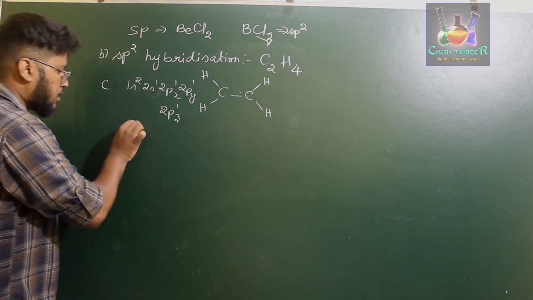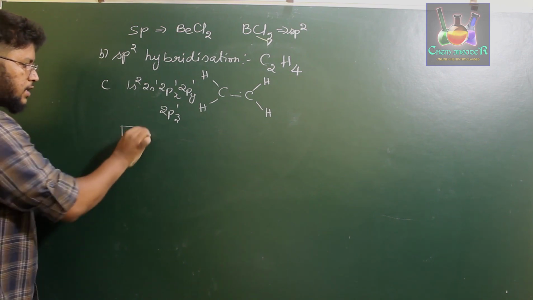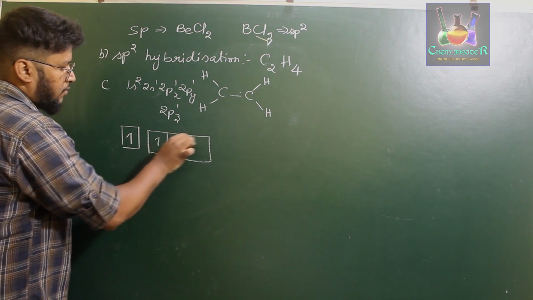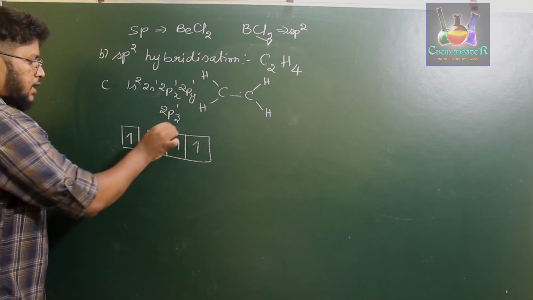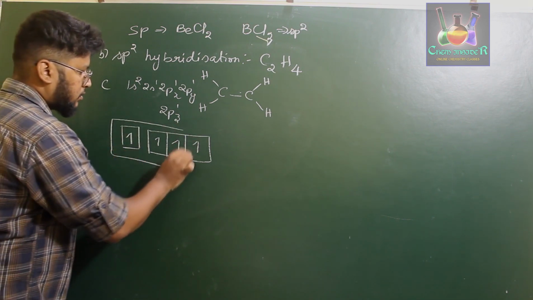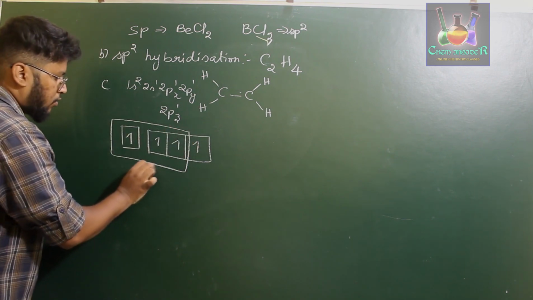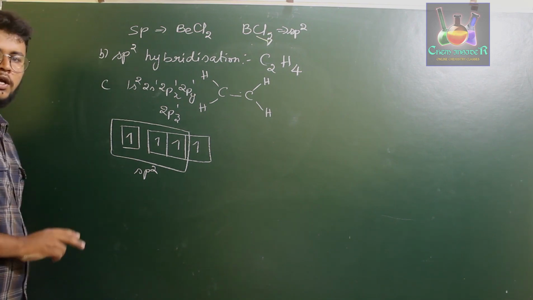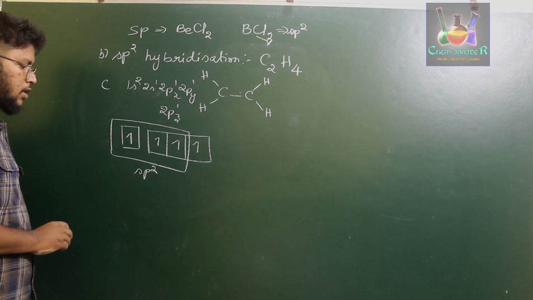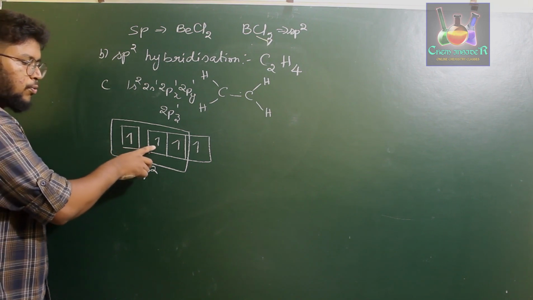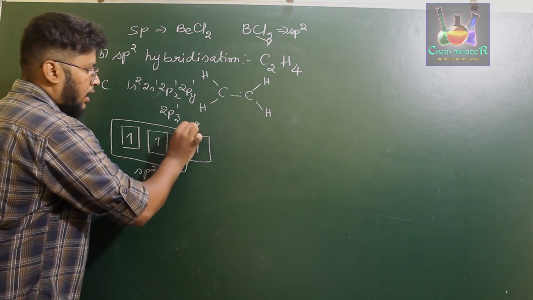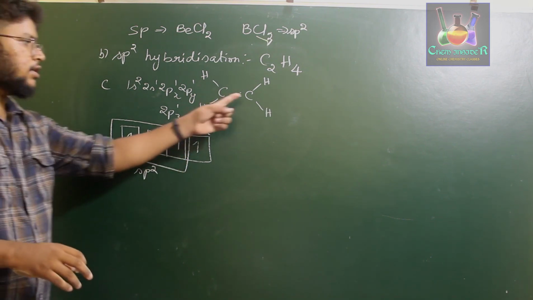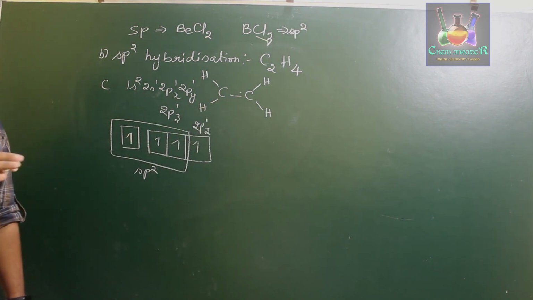What happens in this case is, if you consider 1 electron of 2s, px, py, let us consider these 3 are undergoing hybridization to form sp2 hybrid orbitals. So 3 sp2 hybrid orbitals will be formed because of the sp2 hybridization of 2s, 2px1, 2py1, and let us consider 2pz1 is left as it is. Similarly, for the other carbon also, the 2pz1 will be left as it is.